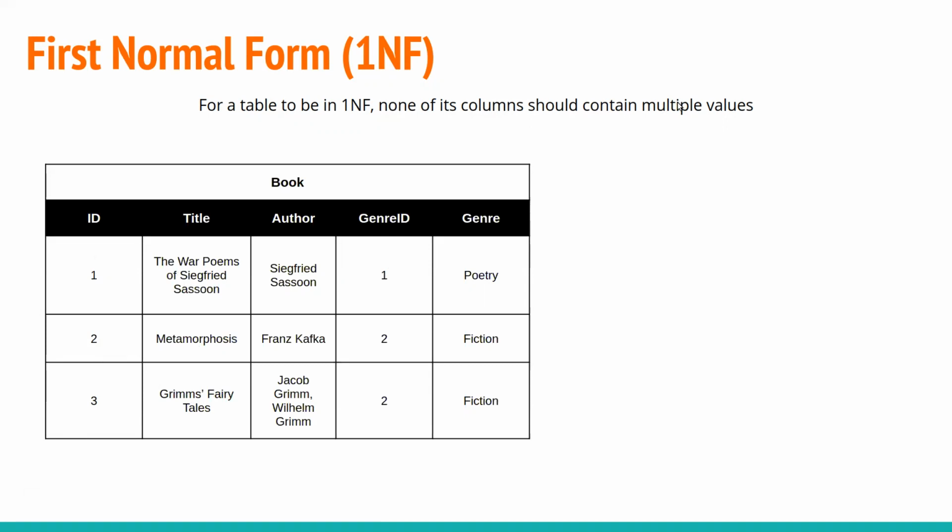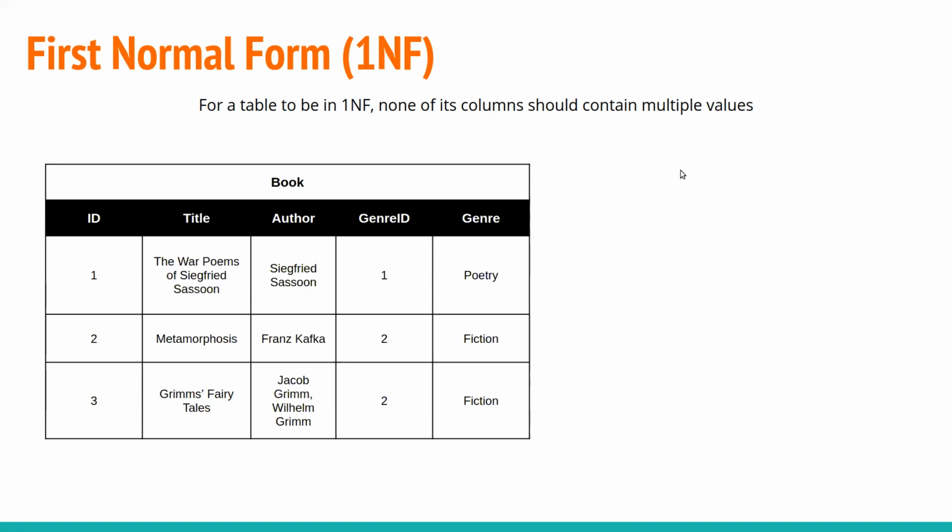Multiple values. Let me ask you first: is this table in 1NF, guys? For a table to be in 1NF, none of its columns should contain multiple values. Is this table in 1NF? And if not, why?